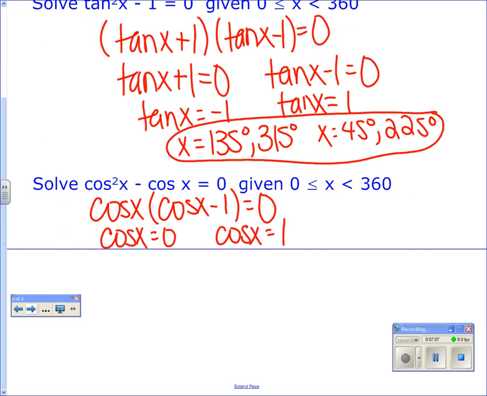Okay, when does cosine equal 0 and 1? Y'all remember what they're called? Starts with a Q. Quadrantal.